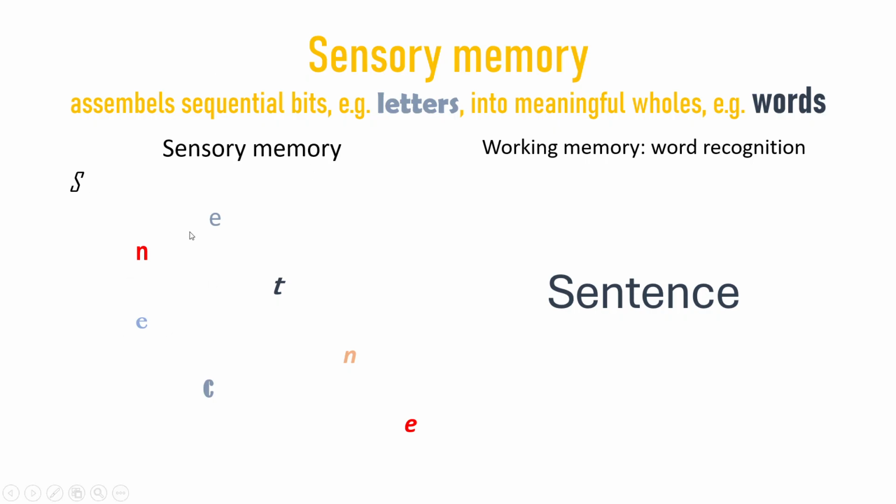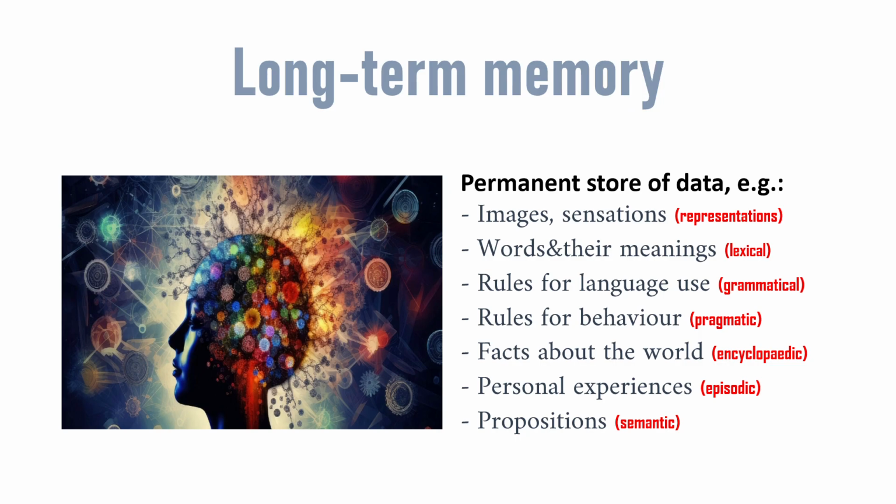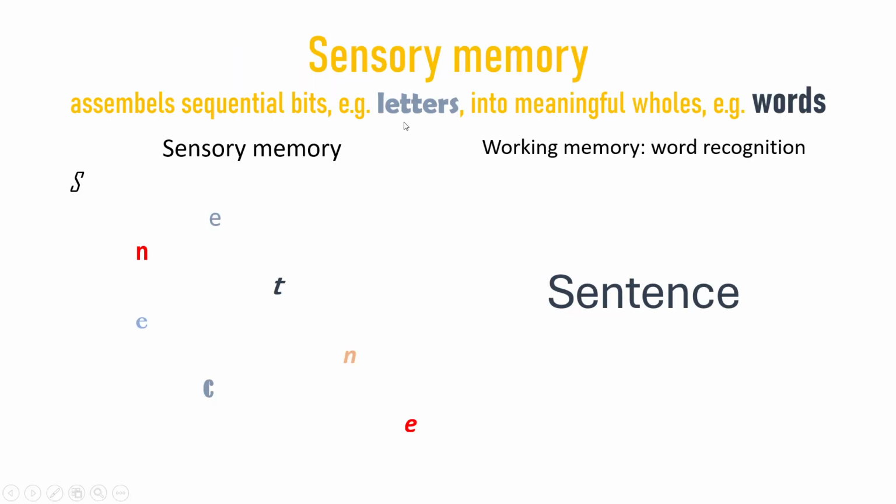Anyway, your vision detects these graphemes, and they are held in your sensory memory, in your iconic memory, for a moment long enough for you to assemble the sequence into a sentence. So this is the word which you hear or read, and this is what happens in between sensory memory and working memory.